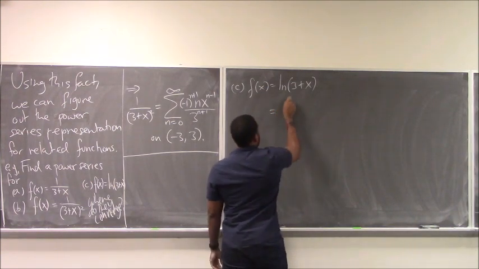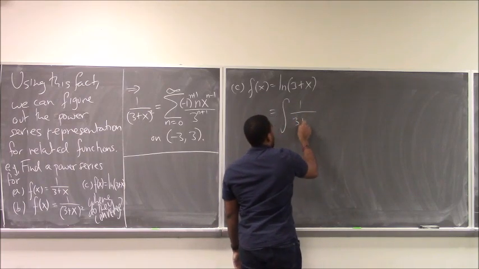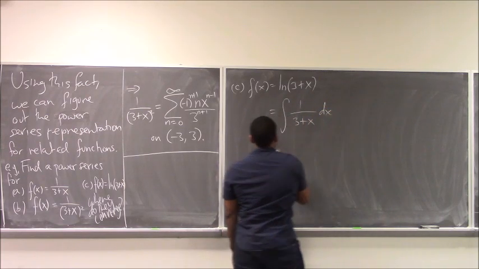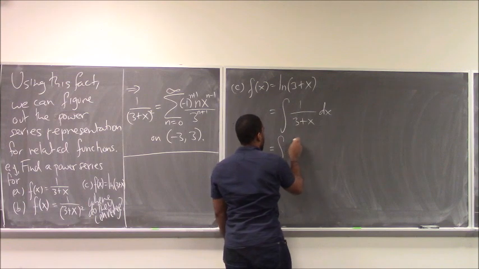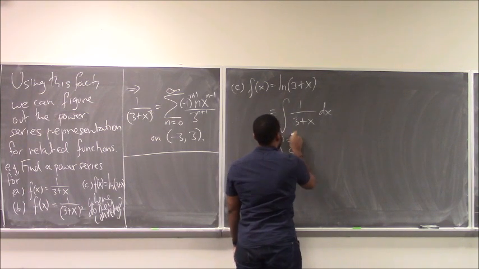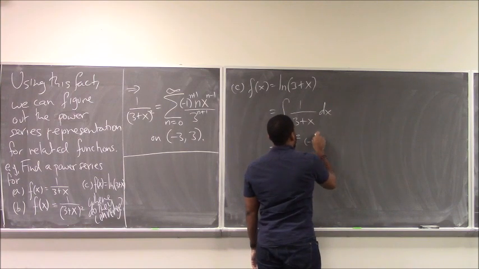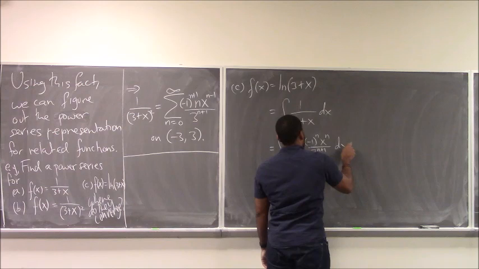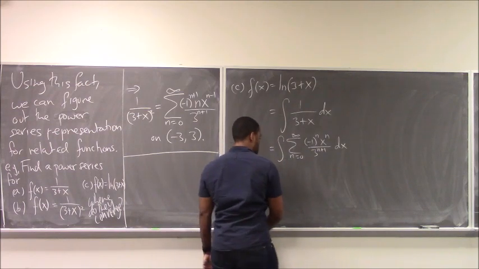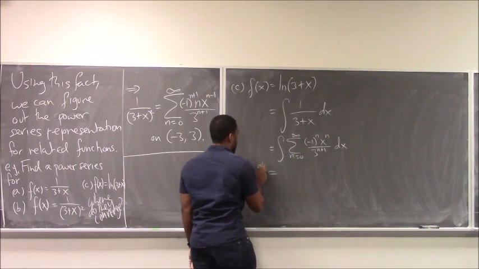Notice that this is just the integral of 1 over 3 plus x dx. What I know, an absolutely convergent power series for that guy, this was minus 1 to the n, x to the n, over 3 to the n plus 1 dx. Absolute convergence means I can switch these two.